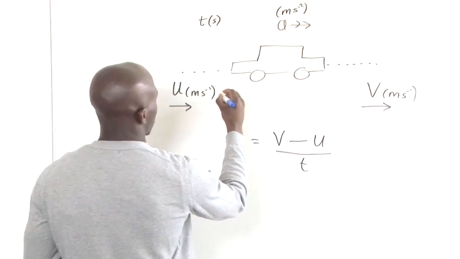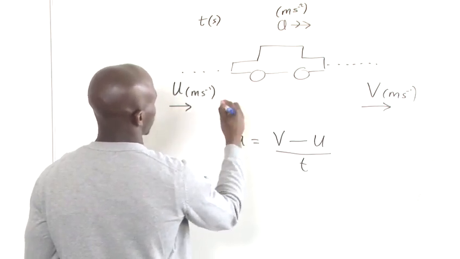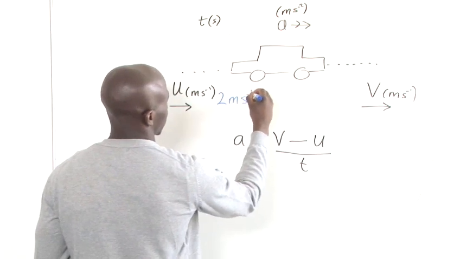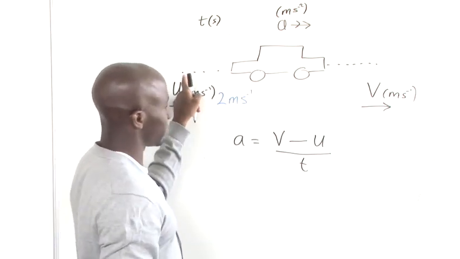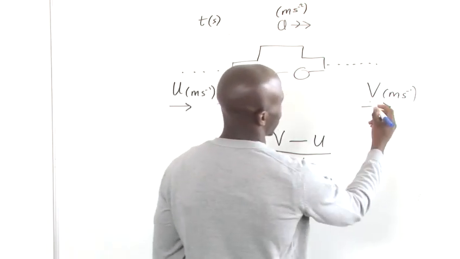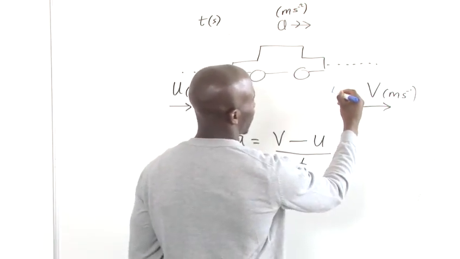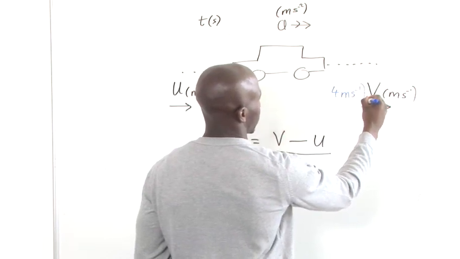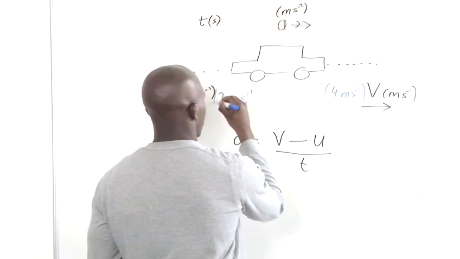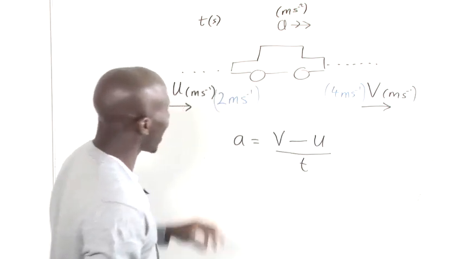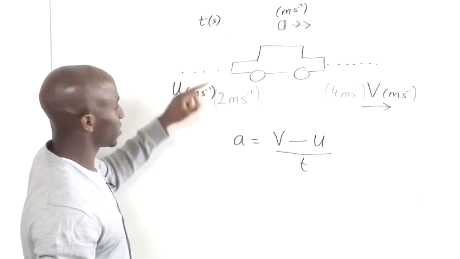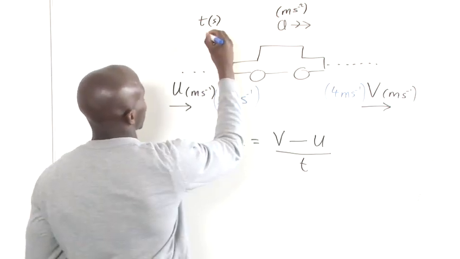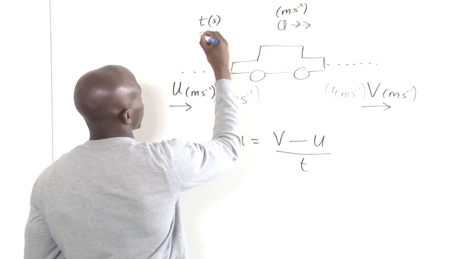Imagine the car was traveling at 2 meters per second at the beginning of its motion, and then the car was traveling at 4 meters per second. The time that it takes for this car to move from 2 meters per second to 4 meters per second is approximately 3 seconds.